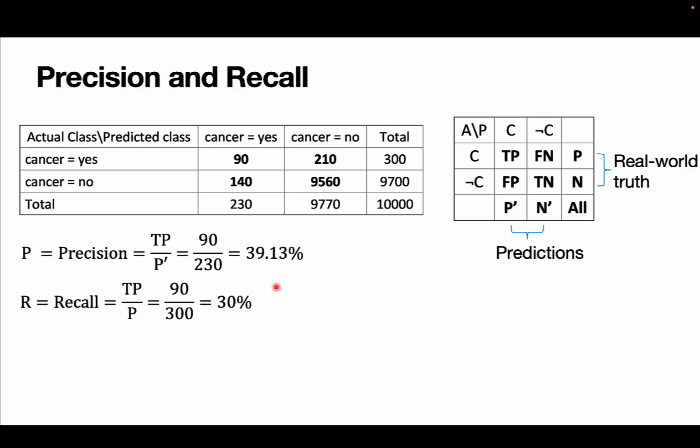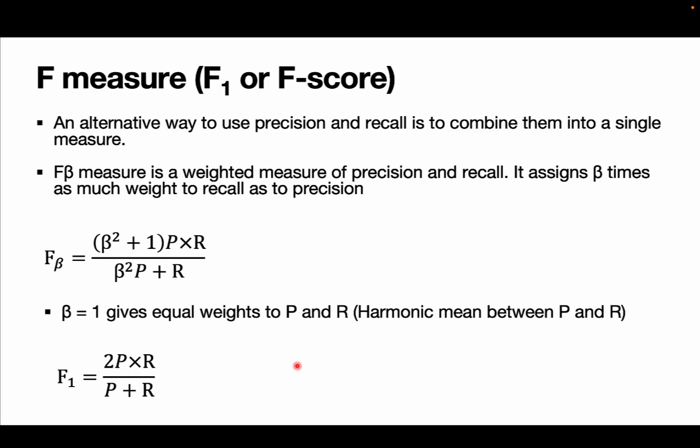As you see, both the precision and the recall are low, and we are hoping for better values of precision and recall to say this is a good model. So far, we have seen that precision and recall provide more insight than simple accuracy or error rate.